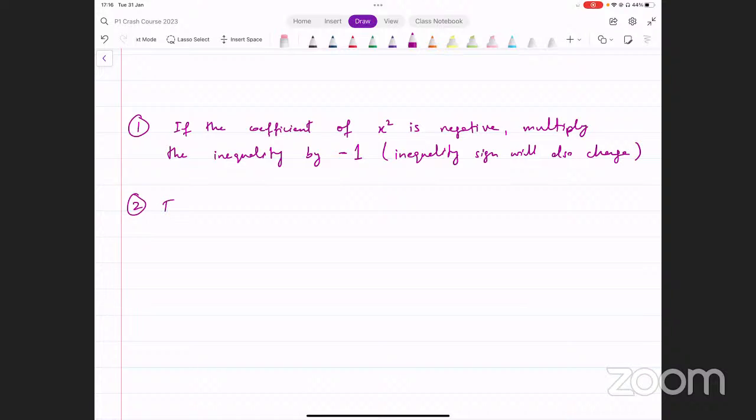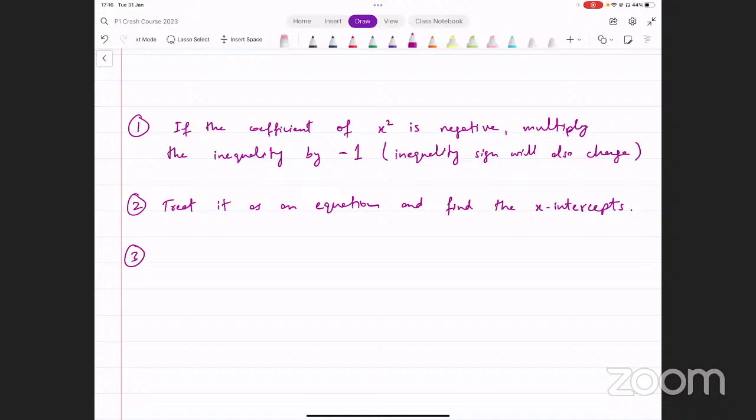Then what you do is you treat this as an equation. Treat it as an equation and find the x-intercepts. Okay.